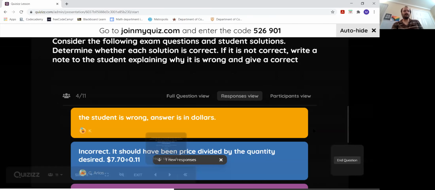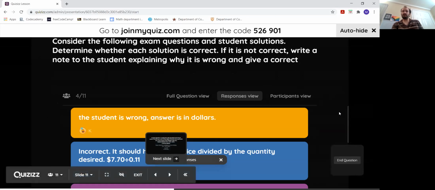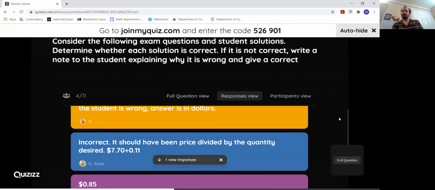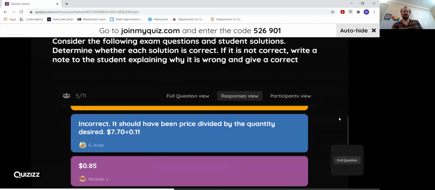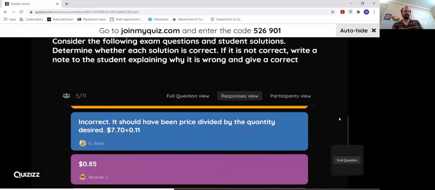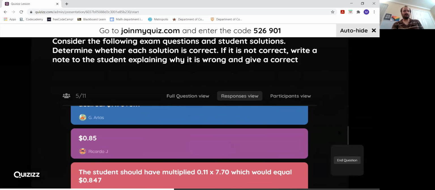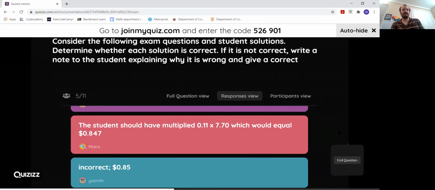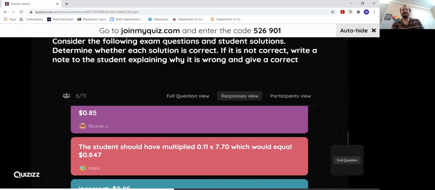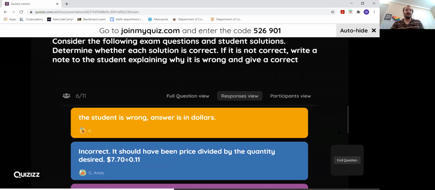So what are they doing? Price divided by the quantity is higher. Okay, so I think some people are getting this, but if I'm getting 10 apples and they're 9 cents an apple, how much is that going to cost me?